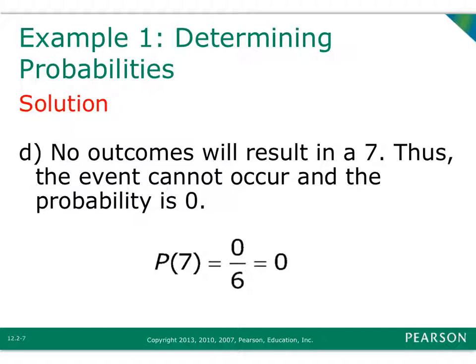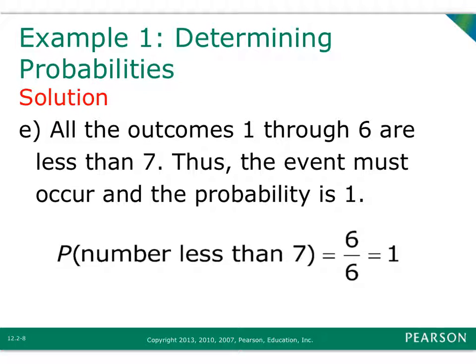Thus, the event cannot occur, and the probability is 0. 0 over 6 equals 0. Finally, all the outcomes 1 through 6 are less than 7. Thus, the event must occur, and the probability is 1. So a number less than 7 is 6 over 6, which equals 1.